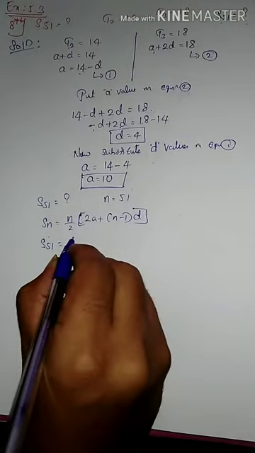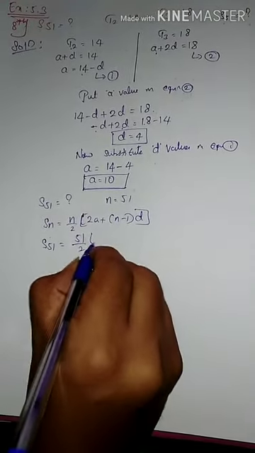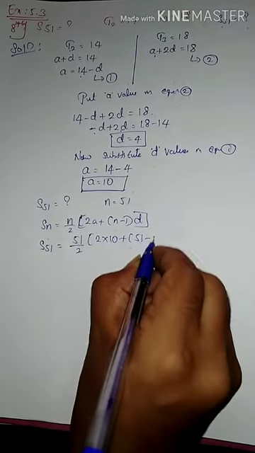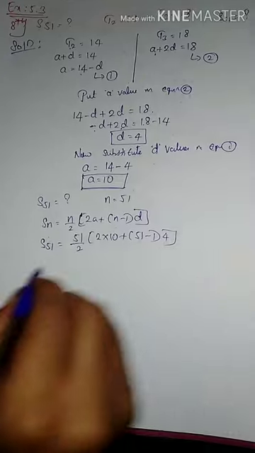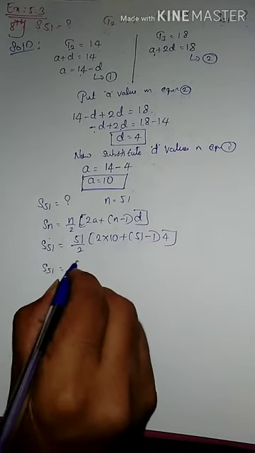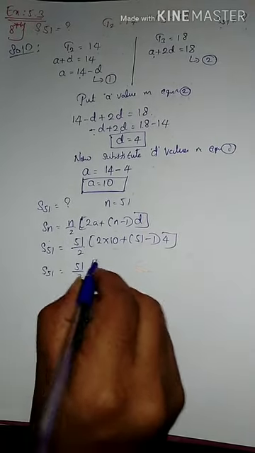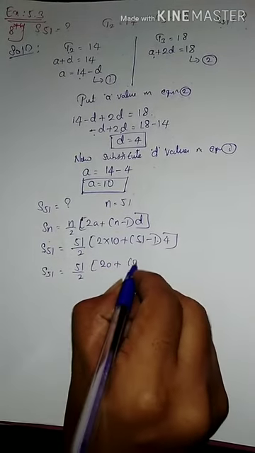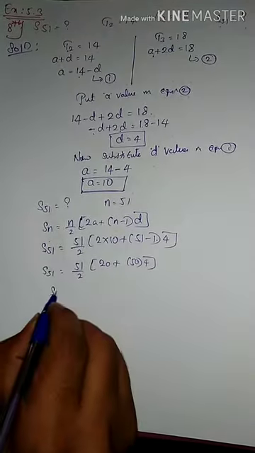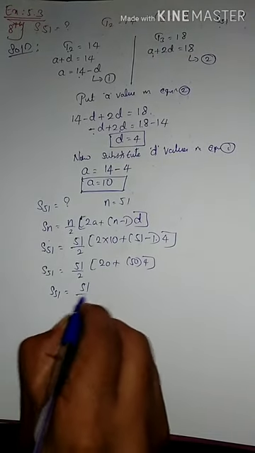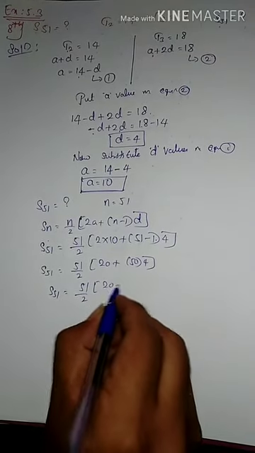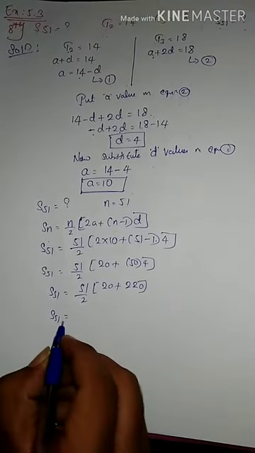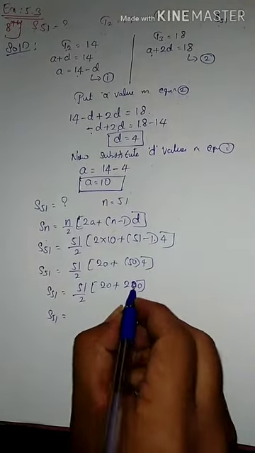S51 is equal to 51 by 2 into (2 into A, which is 10, plus 51 minus 1 into D, which is 4). So S51 is equal to 51 by 2 into (2 tens are 20 plus 50 into 4, which is 200).